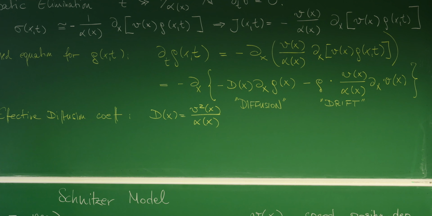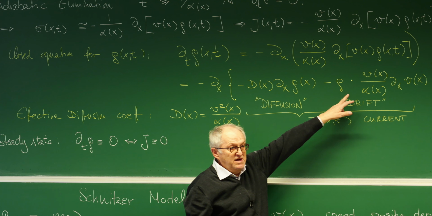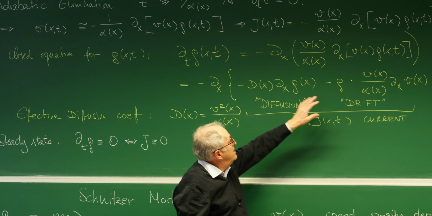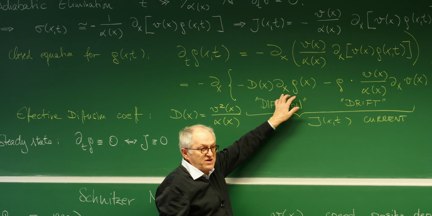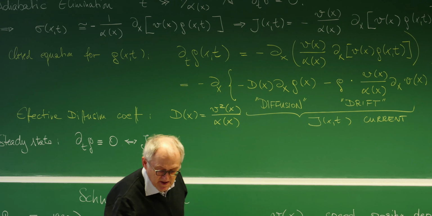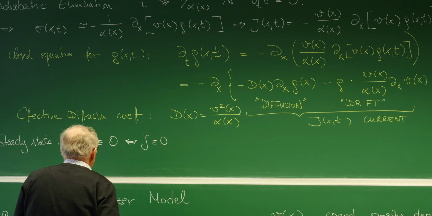Yeah, and when you solve that, you get a solution where if you insert what you know for D of x, which is v squared over alpha, then you should notice as you insert D of x, the alpha here and there, they cancel. And you get a differential equation for dx rho that only involves the velocity, and that you can solve by separation of variables.